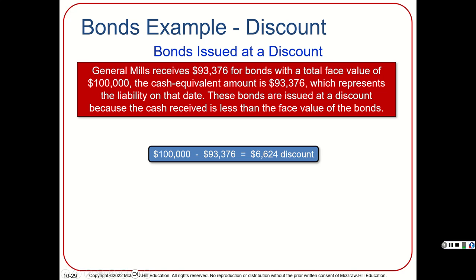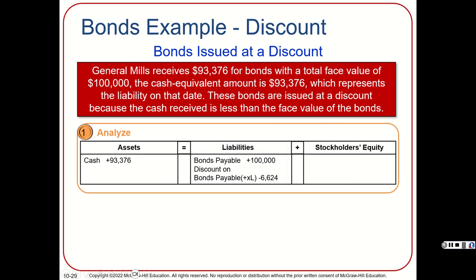So the 100,000 less the 93,376 that they received is the 6,624. The 6,624 is the discount on the interest. So you receive the cash, which is 100,000 less the discount of 6,624.